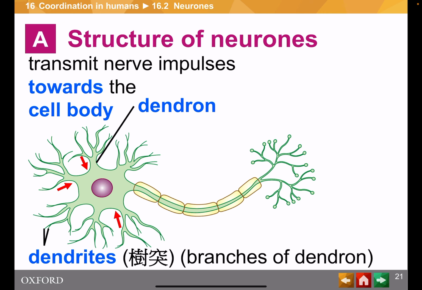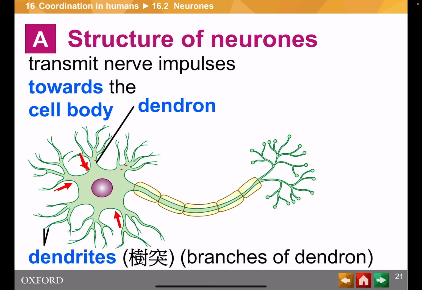So the dendrons transmit nerve impulses towards the cell body. These are the dendrons. We identify whether it's a dendron or an axon by the direction in which it transmits the nerve impulse. For a dendron, it's towards the cell body.